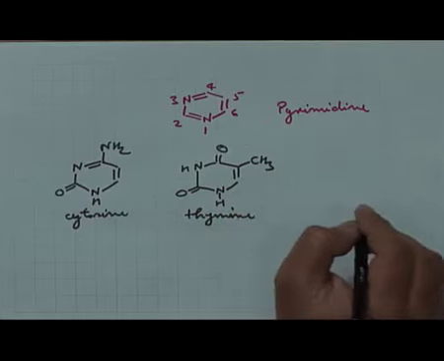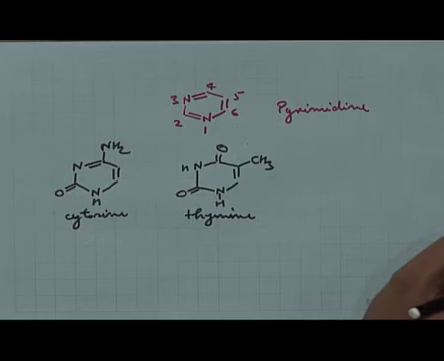So, as I mentioned in the beginning, DNA has 2 purine bases, adenine and guanine, and 2 substituted pyrimidines, cytosine and thymine.